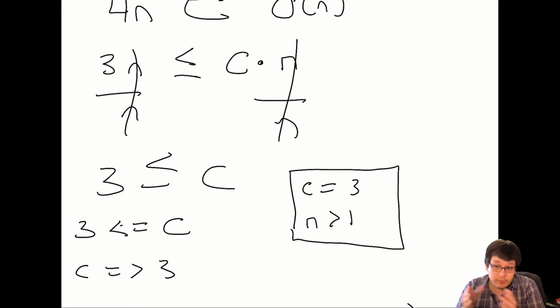So 3, 4, 5, anywhere up to infinity potentially, but you still need to pick one number for the certificate, because we want to have an actual value for m. We don't want to have a range of numbers. So that's why you see 3 there, and you don't see me put in greater than 3. So I see now what you were saying when you asked the other question. That makes more sense now.